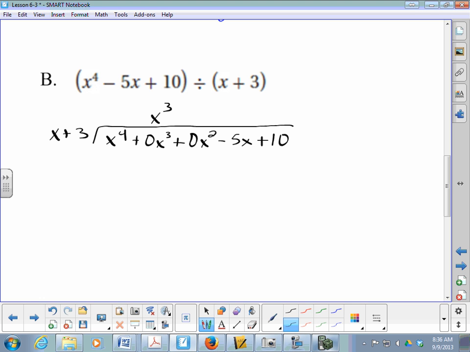And then just like with arithmetic, we're going to multiply. So we get x to the fourth plus 3x cubed. When we multiply, we're multiplying this by everything here. Then we subtract. And when we subtract, we change the signs. So we get 0, and 0 minus 3x cubed is negative 3x cubed.